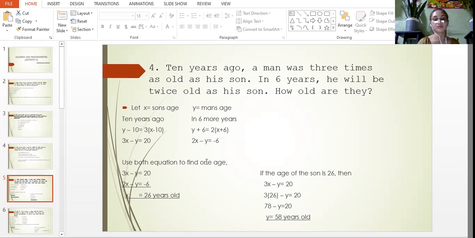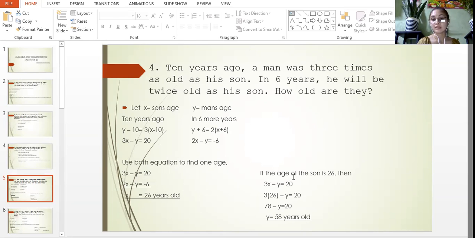Use both equations to find one age. So 3x minus y is equal to 20, then subtract 2x minus y is equal to negative 6. So x is equal to 26 years old.